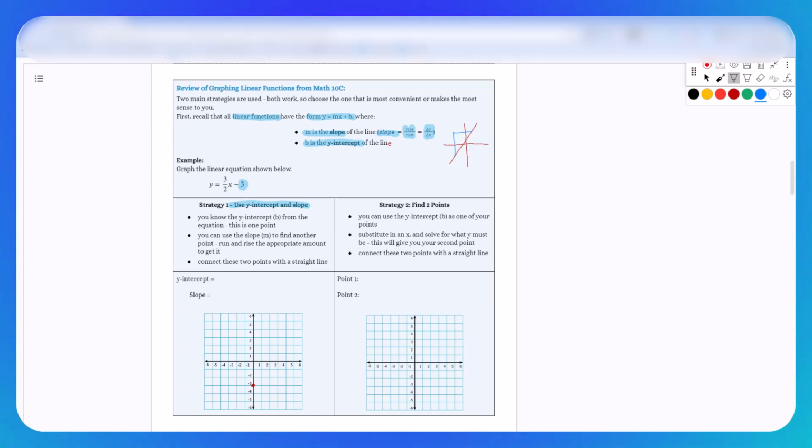So we're going to go for a walk 3 units up and 2 units to the right. And when we do that, we're going to place a point.